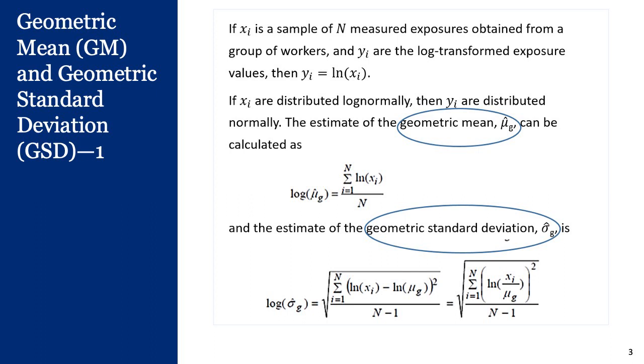Then you square it, sum it, divide by n minus 1, and take the square root. What you end up with is a dimensionless quantity. And so the geometric standard deviation, which you can obtain by exponentiating this formula, is a dimensionless quantity, whereas mu g, the geometric mean, is in the same dimensions as concentration.